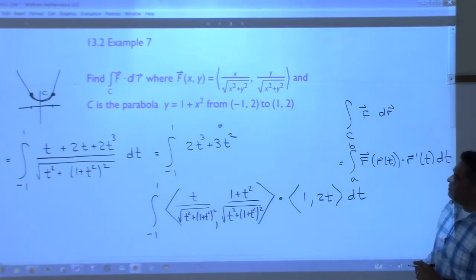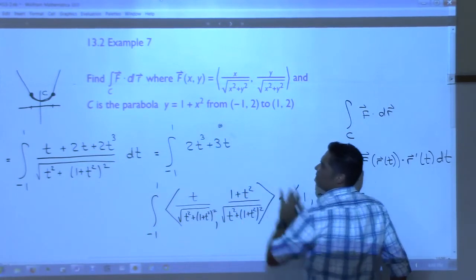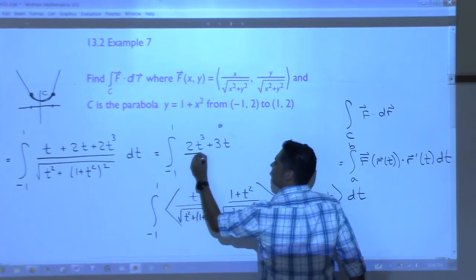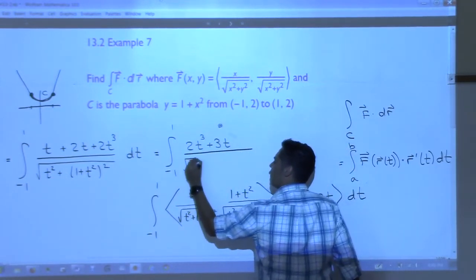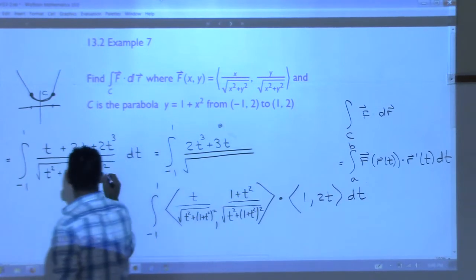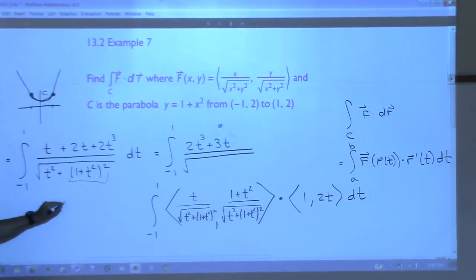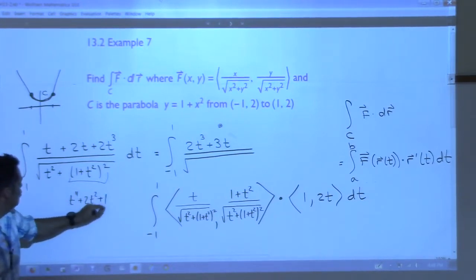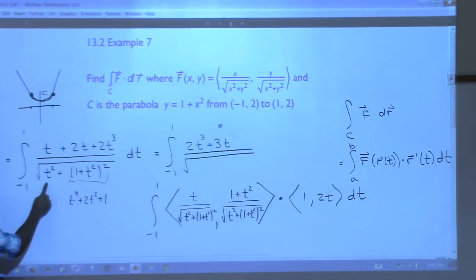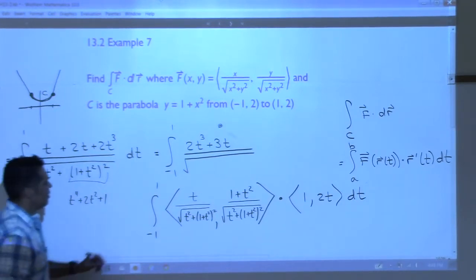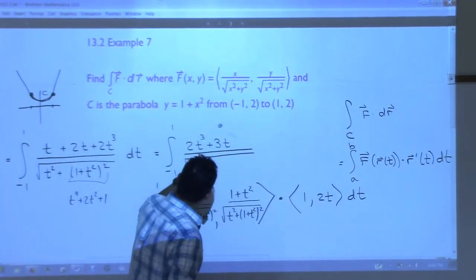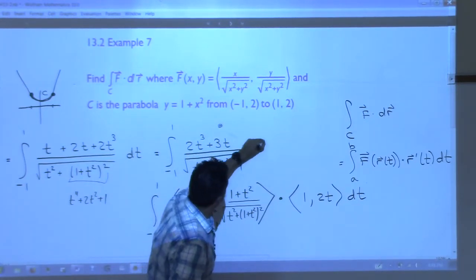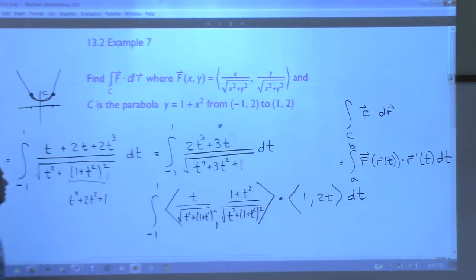No, wait, what? 3t, not 3t squared. Yes, that's the numerator. And then our denominator: what is this thing squared? t to the fourth plus 2t squared plus 1, right? And if I put that together with this right here, I'm going to get t to the fourth plus 3t squared plus 1 dt. Does that help at all?